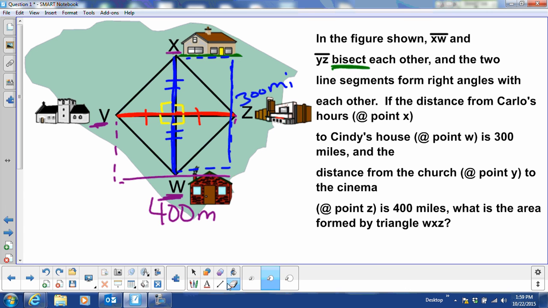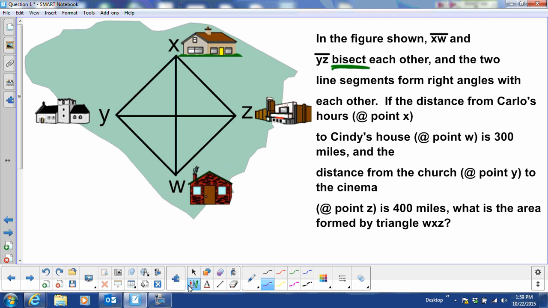That essentially means, and I'm going to erase some of this stuff, that the distance from here to here is 400, and the distance from here to here, this line, is 300.